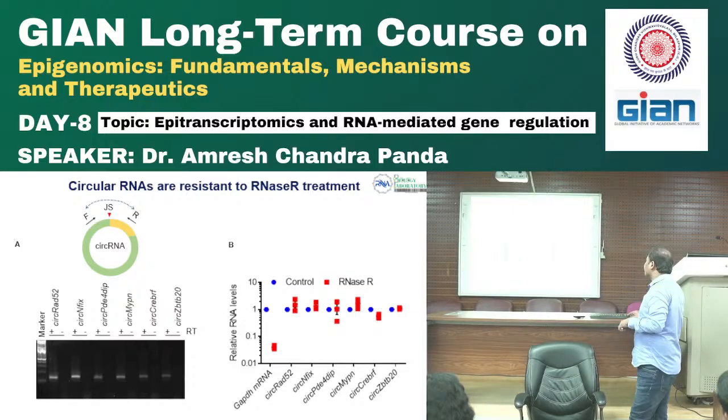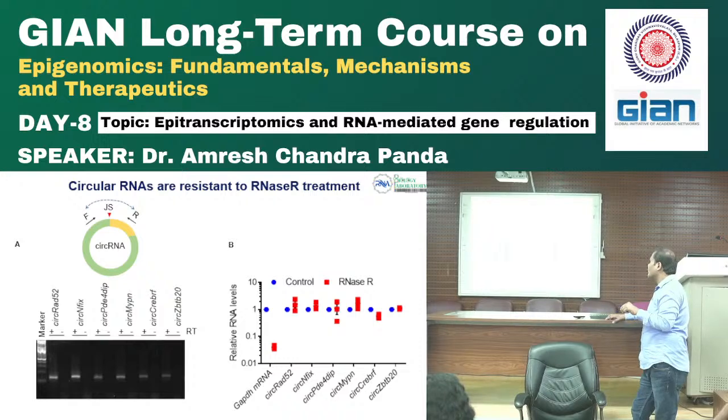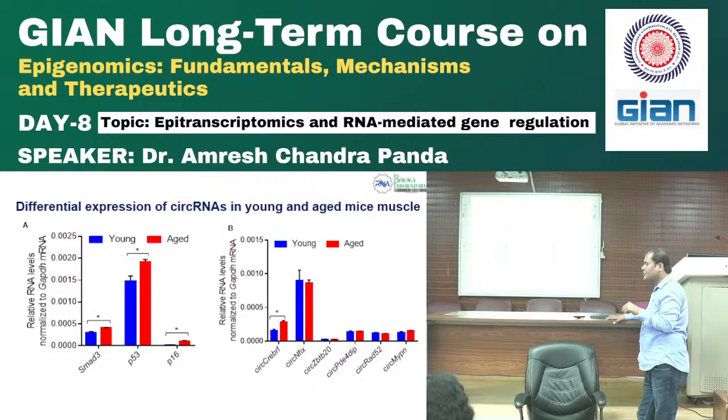Okay. And in the aging muscle, what we did is find out and validate the different markers of aging, P16, P53, and then look at the circRNAs we validated by PCR. So most of them didn't change.